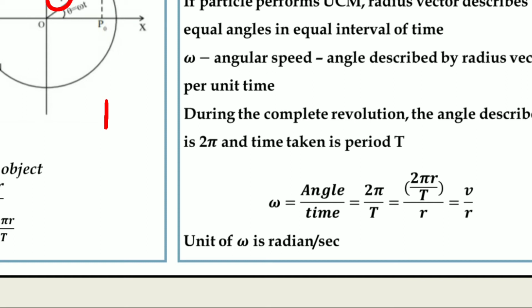The unit of omega is radian per second. Here you took the angle as pi or 2 pi, which we consider in radians.